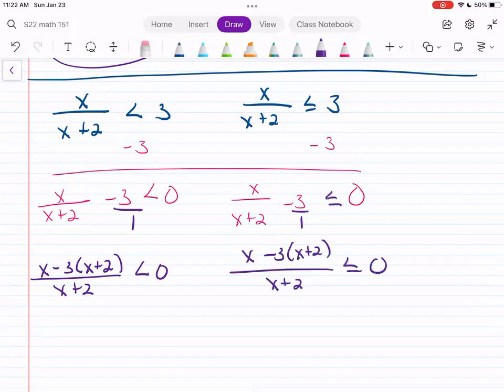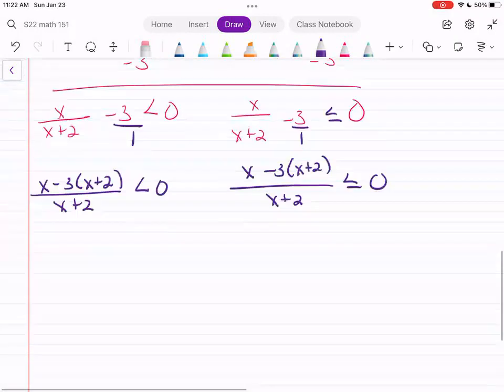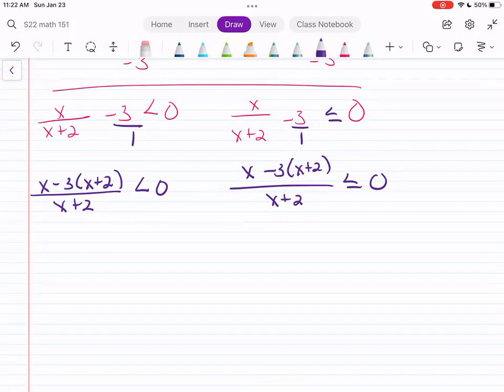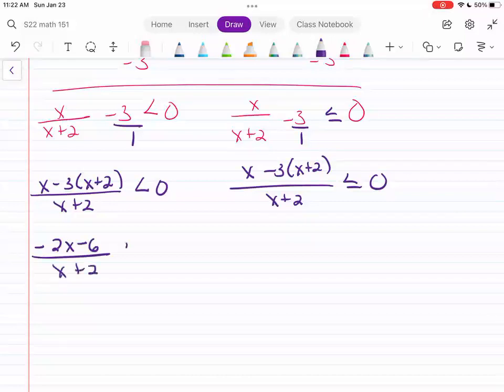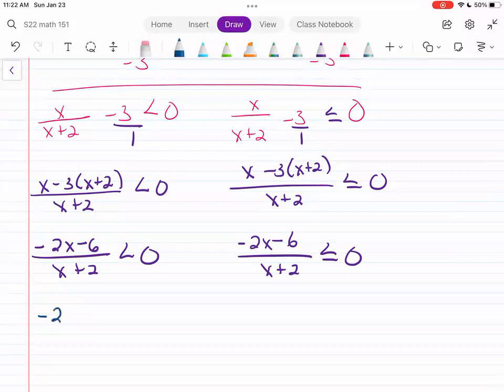As we continue our process here of combining like terms, we get x minus 3x, which ends us with negative 2x minus 6 over x plus 2 is less than 0. Likewise, negative 2x minus 6 over x plus 2 is less than or equal to 0. When I factor the top now, I'm following the steps now that I have it in simplest standard form.